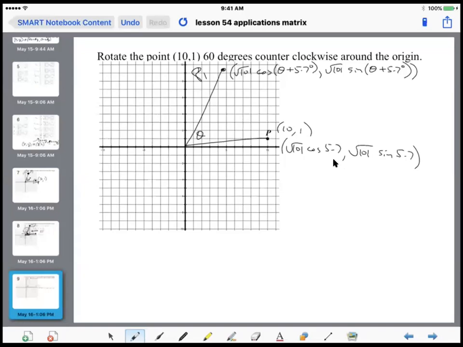And after the rotation by whatever number of degrees, 60 degrees, or just call it theta degrees, the point written in this trigonometric form would be (square root of 101 cosine of theta plus 5.7 degrees, square root of 101 sine of theta plus 5.7 degrees).